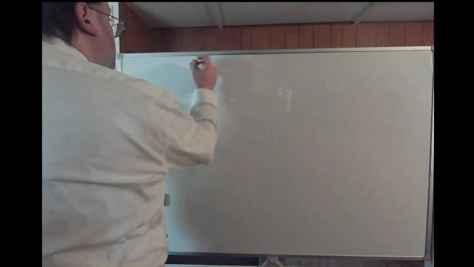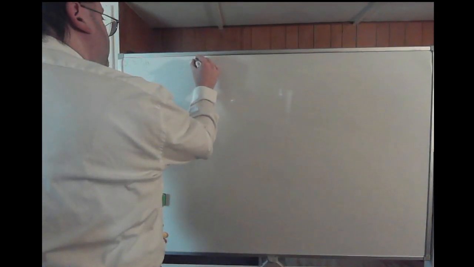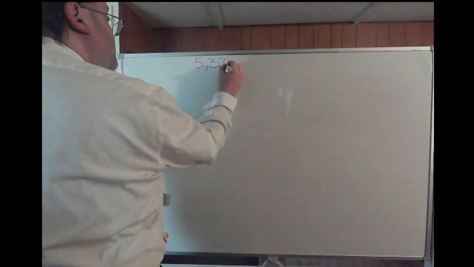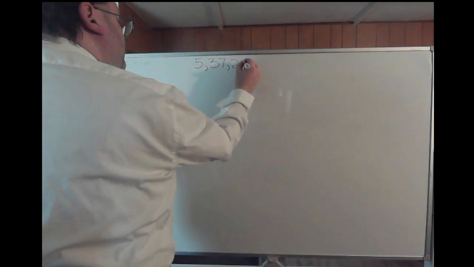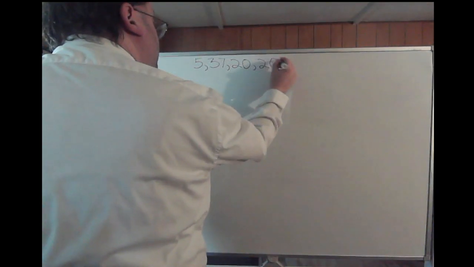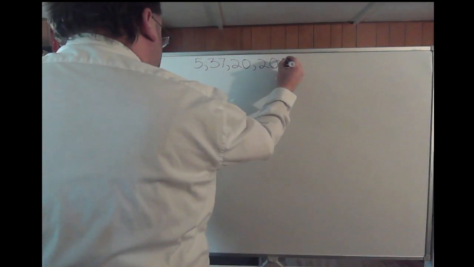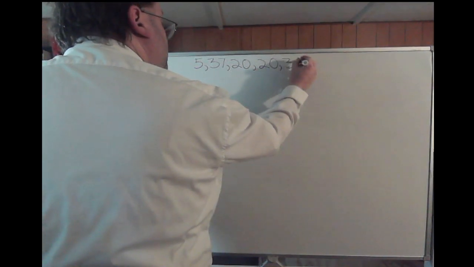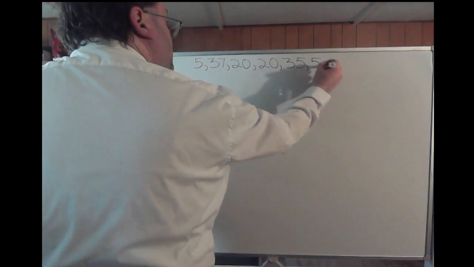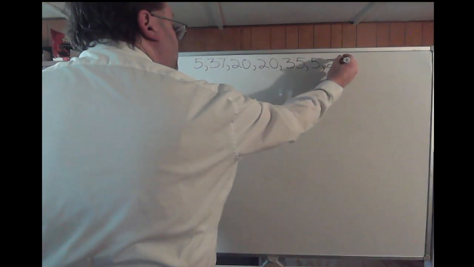Good problem. All right. We have the numbers 5, 37, 20, 20, 35, 5, and 25.